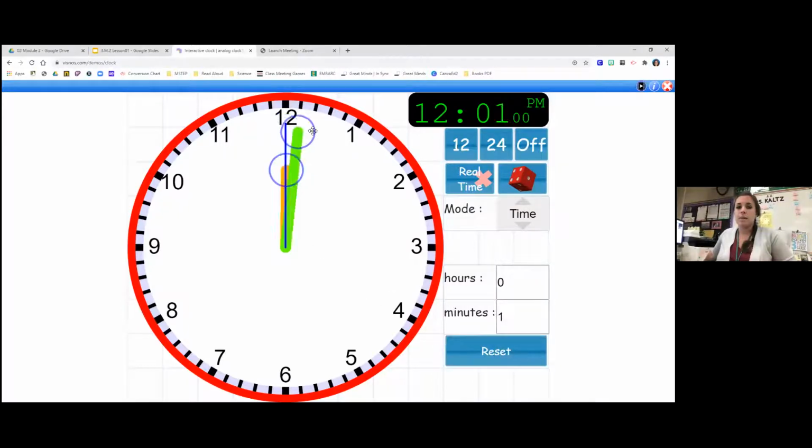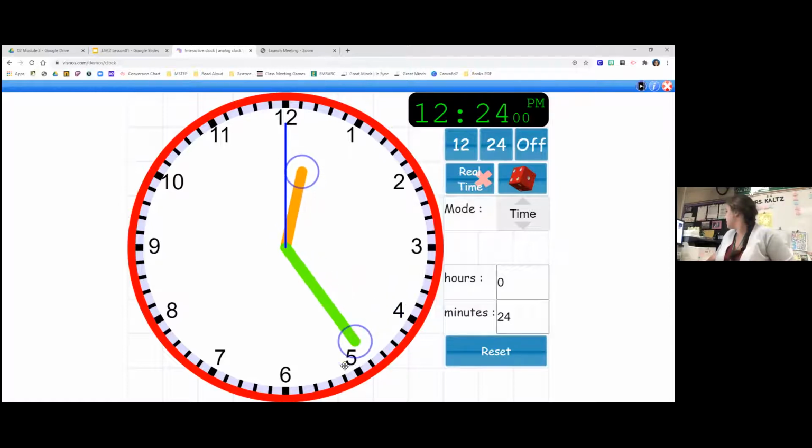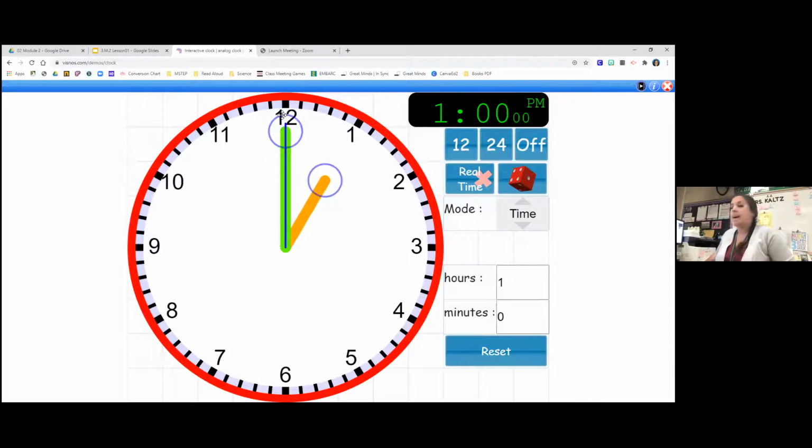So when it comes to our minute hand, which is this long hand, when it goes to each new number, we're going to count by 5. So let's start with 0. Count with me. 5, 10, 15, 20, 25, 30, 35, 40, 45, 50, 55, and then 60.